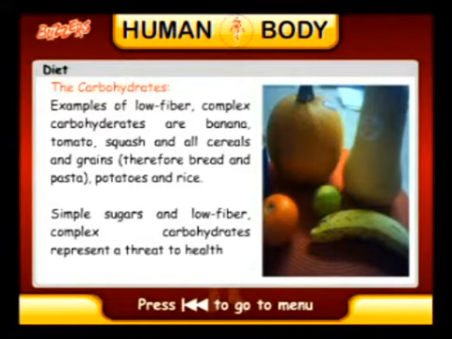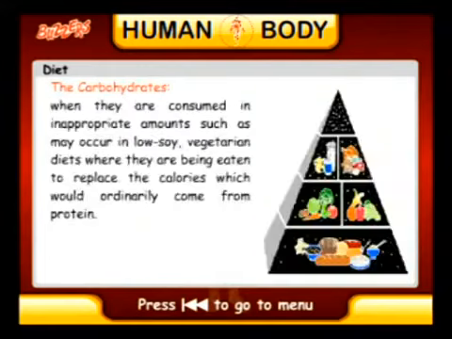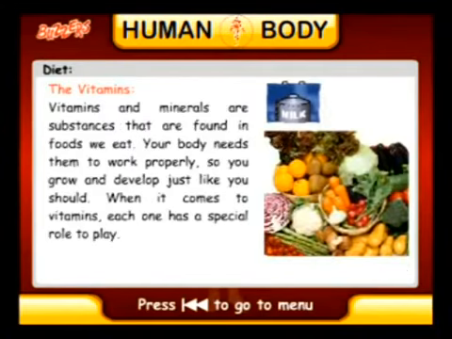Simple sugars and low-fiber, complex carbohydrates represent a threat to health when they are consumed in inappropriate amounts, such as may occur in low-soy vegetarian diets where they are being eaten to replace the calories which would ordinarily come from protein.